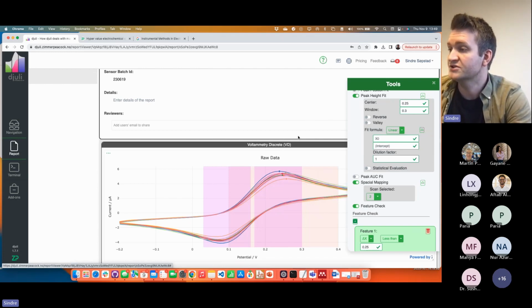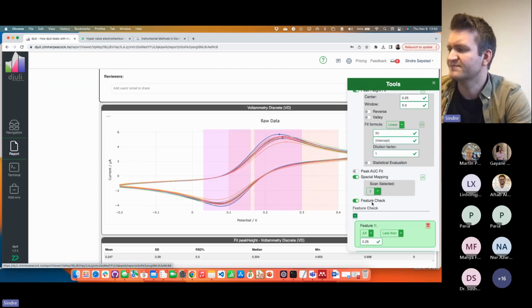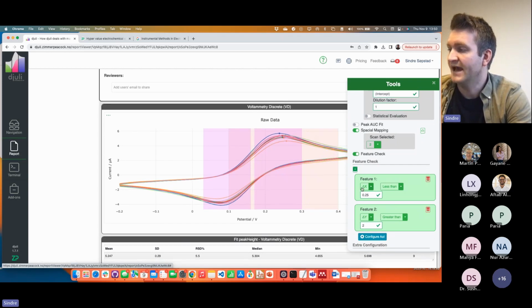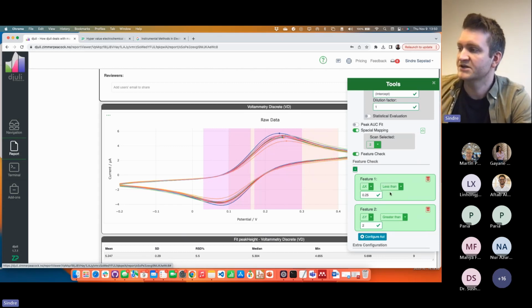In this case, I've chosen the anodic and the cathodic peak of this voltammogram, and I'm looking specifically at the difference in the x direction. That means the voltage separation, and the difference in the y direction. In this case, that would be the current difference between these two peaks. And I have set certain criteria that Martin also mentioned earlier.